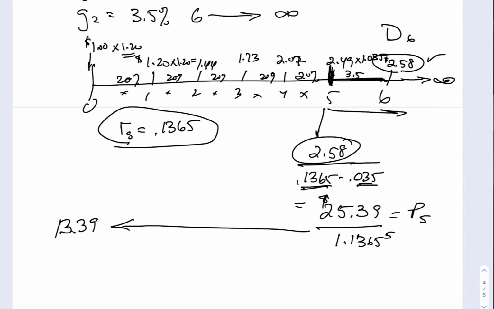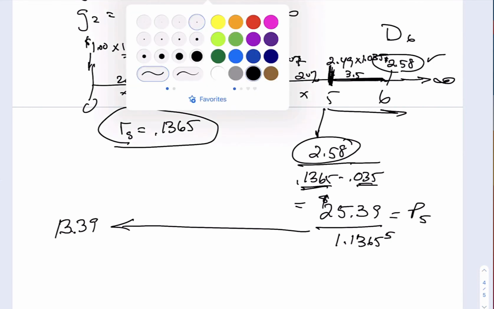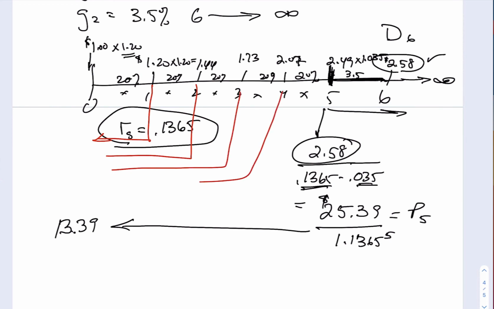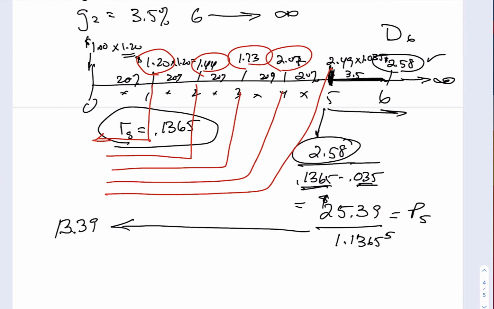Now what we haven't done, and I'll do it in red here, is we need to take the present value of all these cash flows, these intervening cash flows. Okay, so we need to take the present value of this cash flow, this one, and this one.